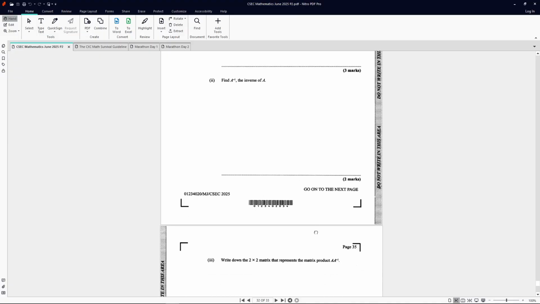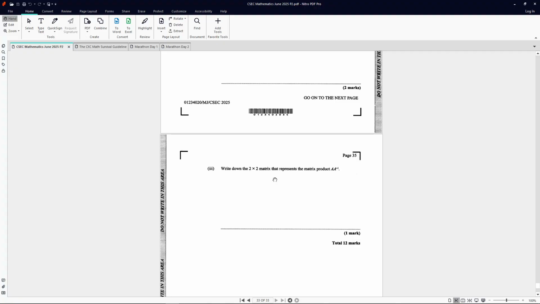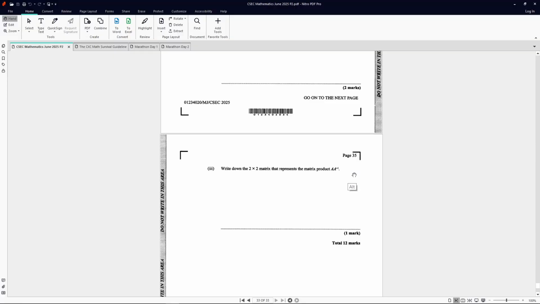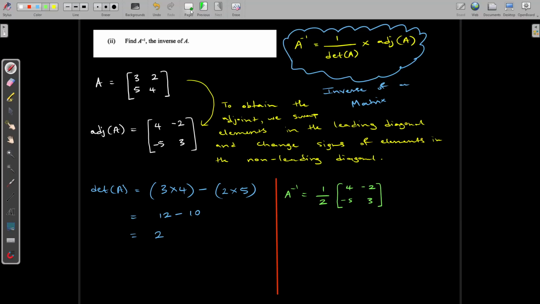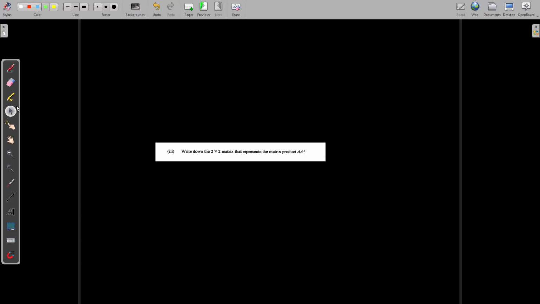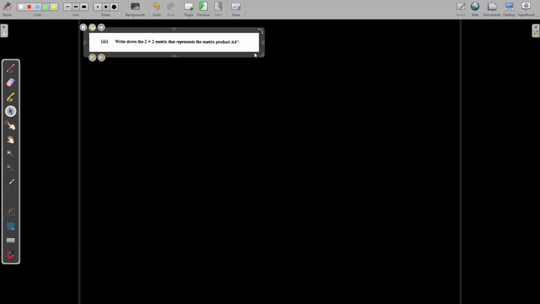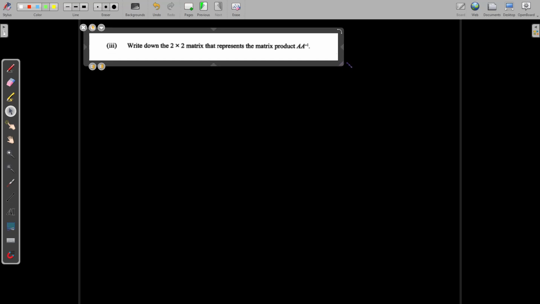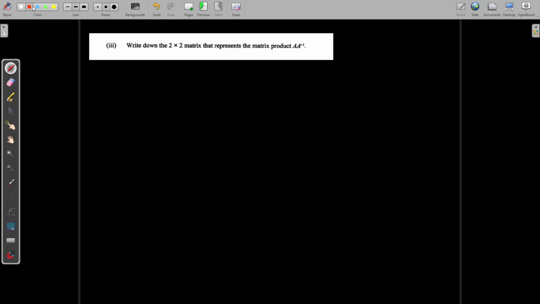Let's see what's next. So write down the 2 by 2 matrix that represents the product of A times A inverse. Right, so this one is easy. What did we say when we multiply a matrix times its inverse? What happens?